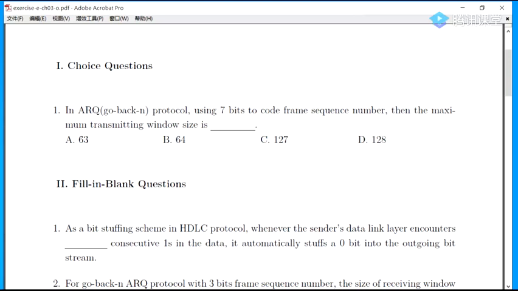It uses 7 bits to code the frame sequence number, then the maximum transmitting window size is C. If using 7 bits, then the maximum transmitting window size is 2 to the power of 7 minus 1, so 127. Okay.